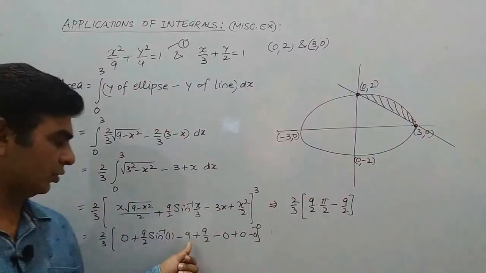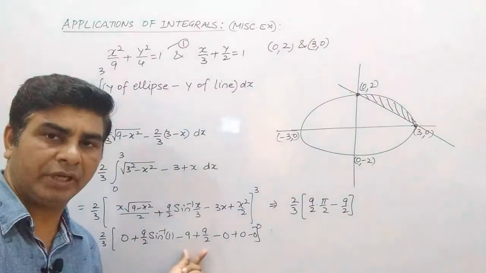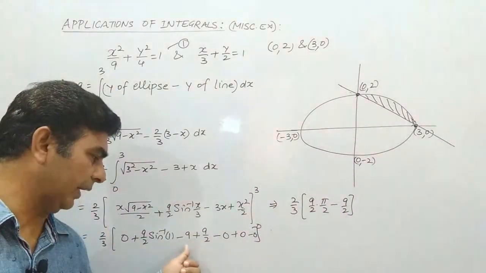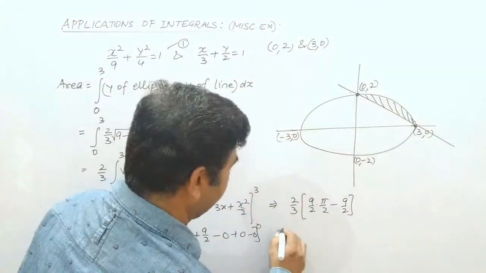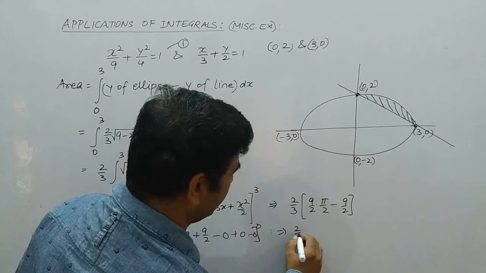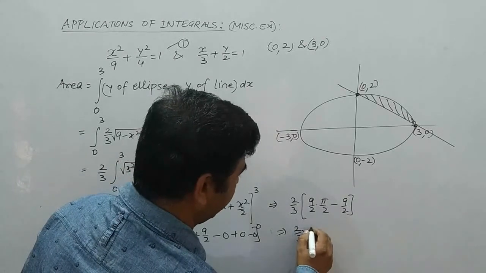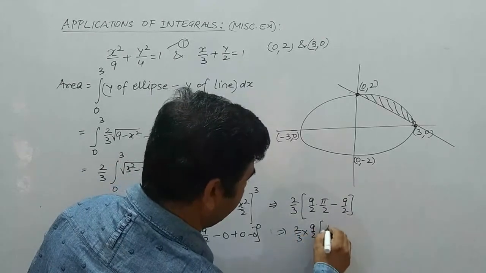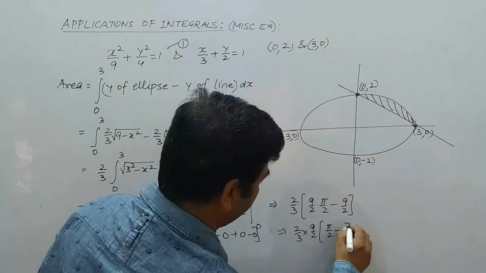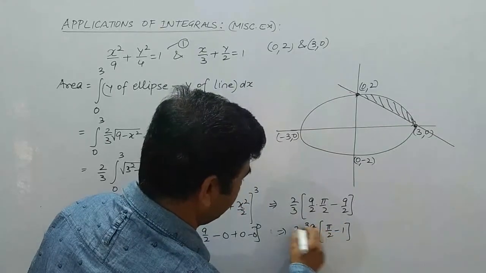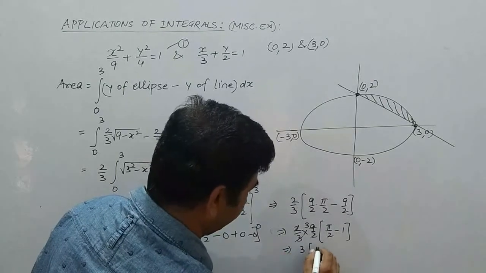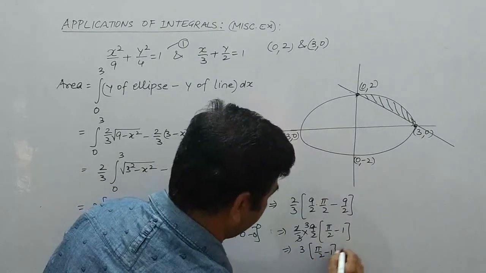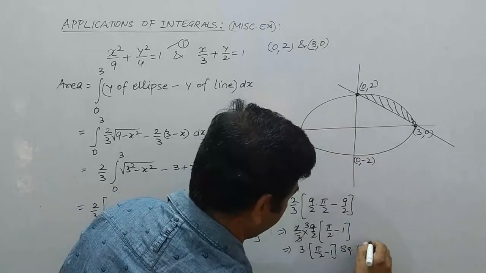By taking LCM as 2, LCM लेंगे कितना होगा, this is minus 18 plus 9, which is minus 9 by 2, and you can take 9 by 2 as common from here, so 2 by 3 multiplied by 9 by 2 is common here, so this is pi by 2 minus 1, and 3 to the 3 is 9, 2 cancels, so 3 times (pi by 2 minus 1) square units will be the given answer.